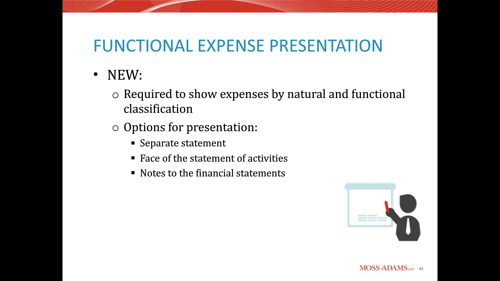However, you also can decide to incorporate that into the face of the statement of activities, in the notes to the financial statements, or maybe even some other kind of supplemental schedule or presentation. So that is something for organizations to start thinking about, really paying attention to how readers of the financial statements will want to interpret and use that information, and what makes the most sense in order to communicate that information.